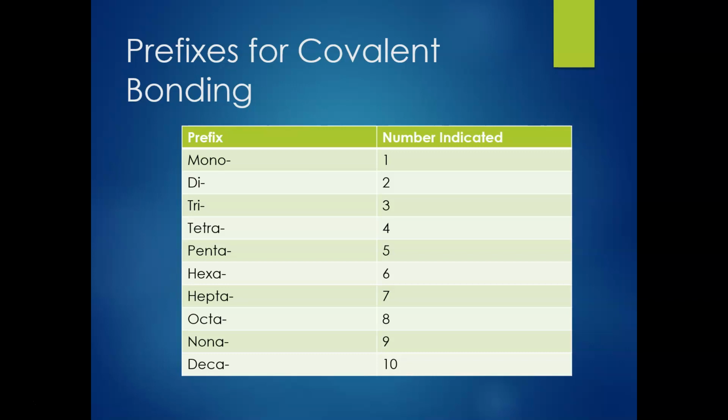If you have 1 of something, it's mono, 2, di, 3, tri, 4, tetra, 5, penta, 6, hexa, 7, hepta, 8, octa, 9, nona, and 10, deca. You are responsible for memorizing these prefixes. We're going to be using them so much, chances are you're going to memorize them anyway, but it doesn't hurt to have them completely memorized.